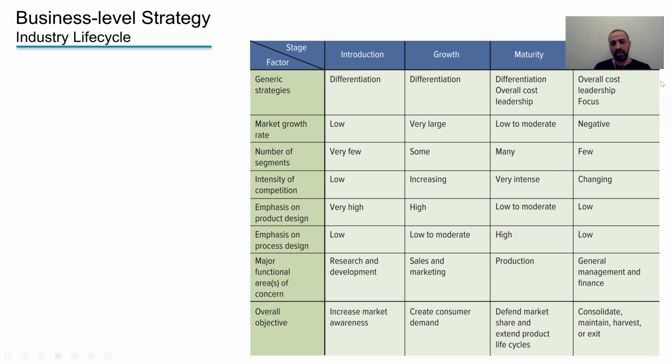In this situation, you have to focus on production, which is your major functional area, and the overall objective is defending your market share and extending the product life cycle. You have to always be careful that you are in the maturity stage. You might make new products, differentiate them, or add new features so that you can stay in the competition.